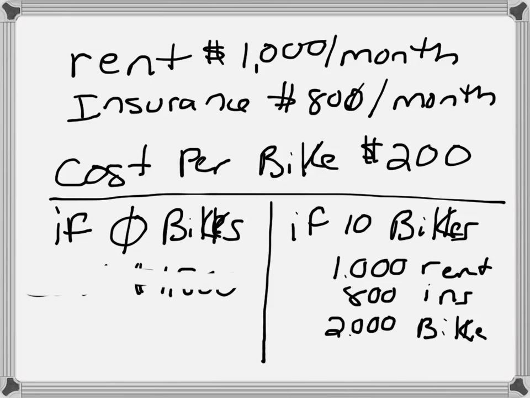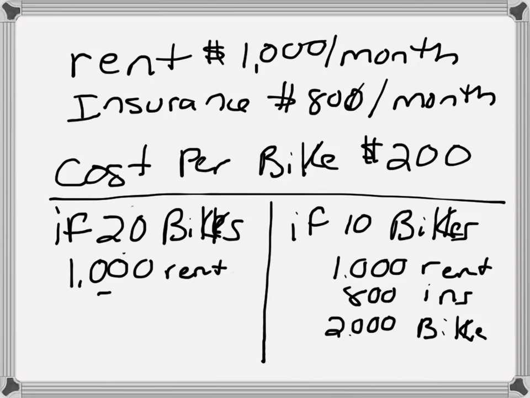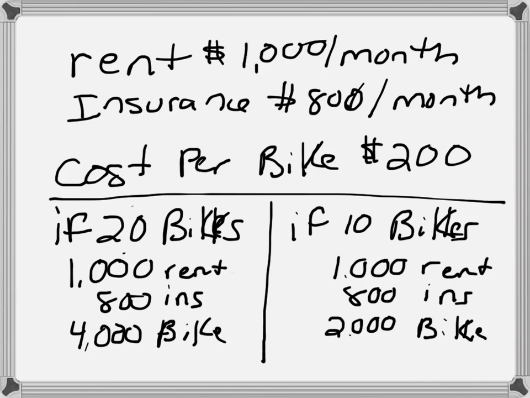Likewise, if I keep going up, in a third example, and show that if I make 20 bikes, I'm going to have $1,000 in rent, $800 in insurance, and now I'm going to have $4,000 in the cost to produce the bike.